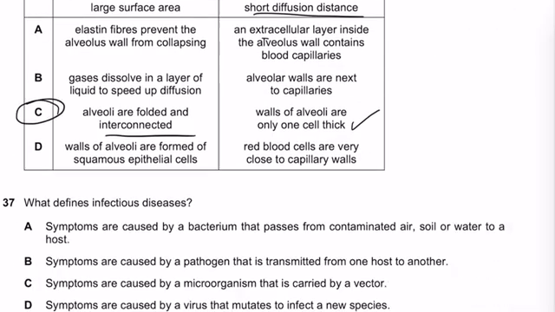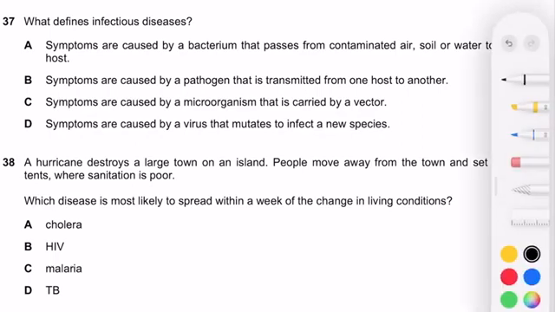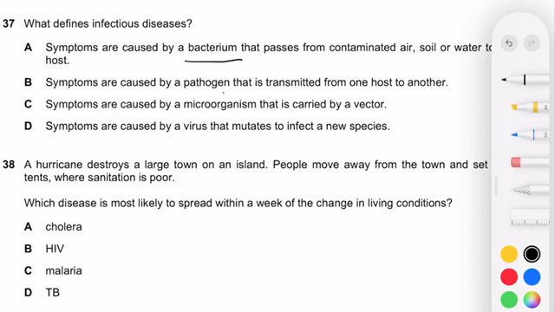C. What defines an infectious disease? Infectious diseases are basically deviations from health, and they're caused by a pathogen that could be transmitted from one person to another. So let's see. Symptoms are caused by bacteria, not necessarily. Let's see the other answers. Symptoms are caused by a pathogen that is transmitted from one host. Totally. Symptoms are caused by a microorganism that is carried by a vector, not necessarily.